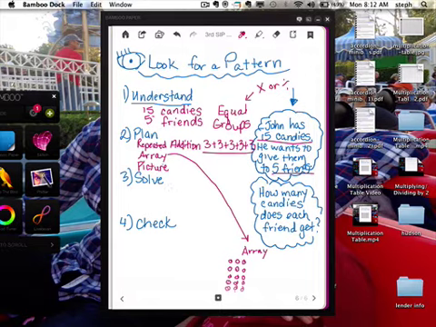Now a picture. So let's put the picture down here because I'm running out of room again. And I'll do an arrow so you know where I'm going, right down here. Okay, so for my picture, I have my 5 friends. 1, 2, 3, 4, and 5.